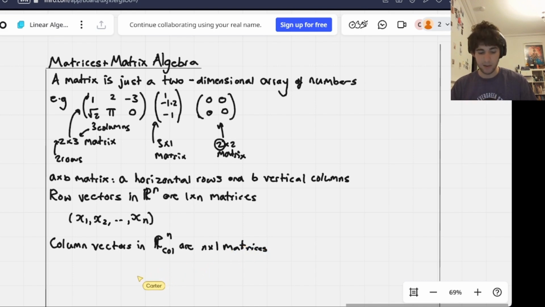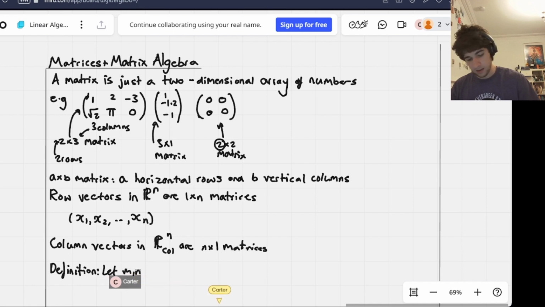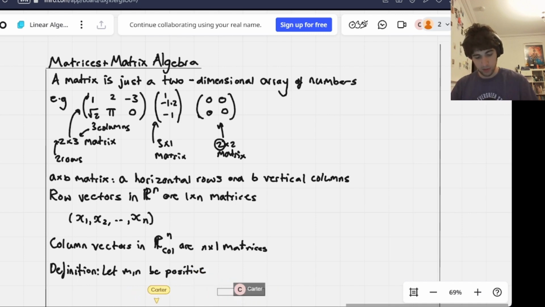I guess by definition, with all this information, we can say that we have m and n as positive integers, so that could be 1, 2, 3, 4, 5, 6, so on and so forth, just like natural numbers. Be positive integers.